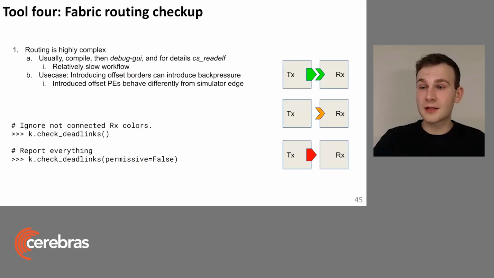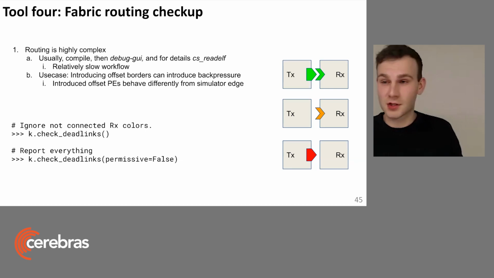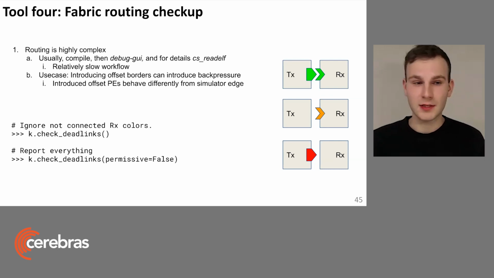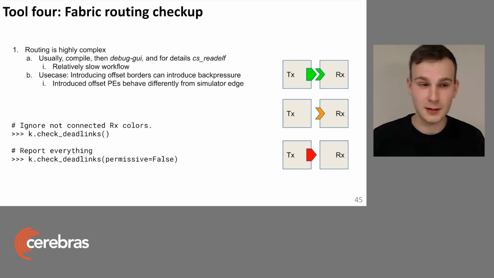And the fourth tool is focused around how we connect these PEs. The PEs have outgoing and incoming routes, and on two adjacent PEs that should communicate, you need to set up the transmitting side, and you need to set up the receiving side.